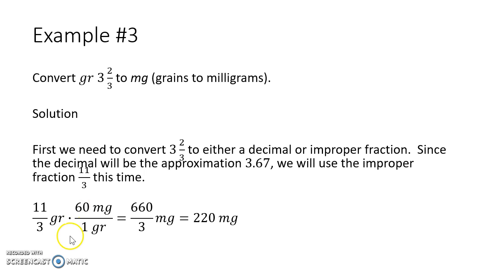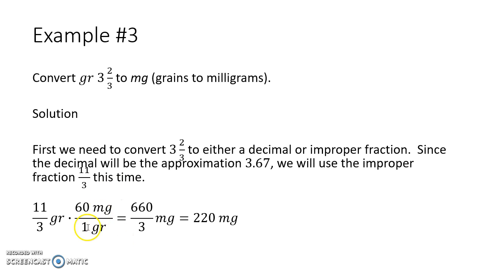And we're going to use that. So I start with the 11/3 grains. My unity fraction tells me that 1 grain is equal to 60 milligrams. Excuse me, that's on page 176.